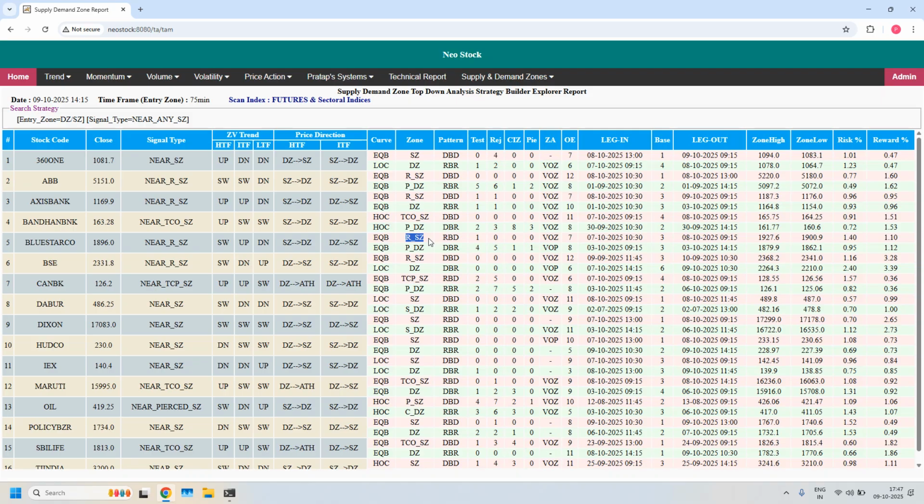Next, Blue Star is having a 75 minutes high liquidity supply zone. Next, BSE is having a 75 minutes high liquidity supply zone. Next, Canara Bank is having a 75 minutes high liquidity supply zone.